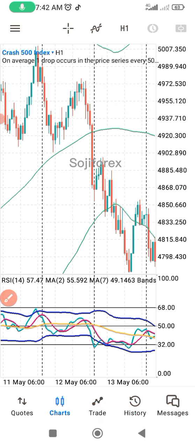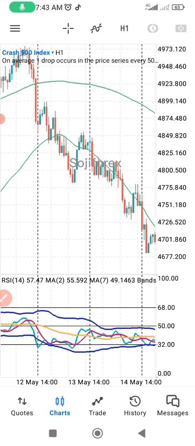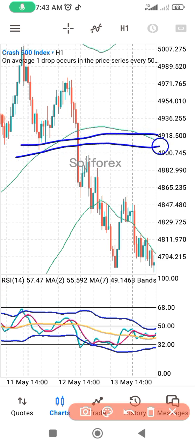So having established that fact, the next thing I do, I begin to look for entry. And how do I find my entry? I can begin to look for areas of support. Okay, here is an area of resistance which has happened previously, and at the same time I begin to look for my order blocks.